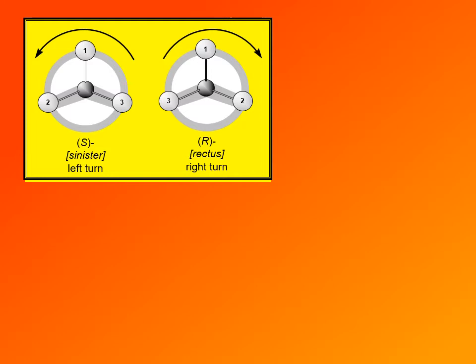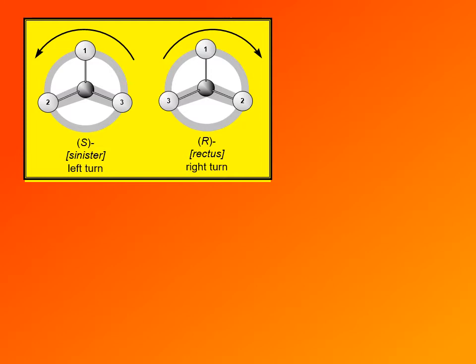Then you will see only substituents 1, 2, and 3. And then if those three substituents in the order 1, 2, 3 make a counterclockwise array, then that's designated as S enantiomer, after Latin sinister or S. If the three substituents in the order 1, 2, 3 make a clockwise array, then that's designated as R, from Latin rectus or right.